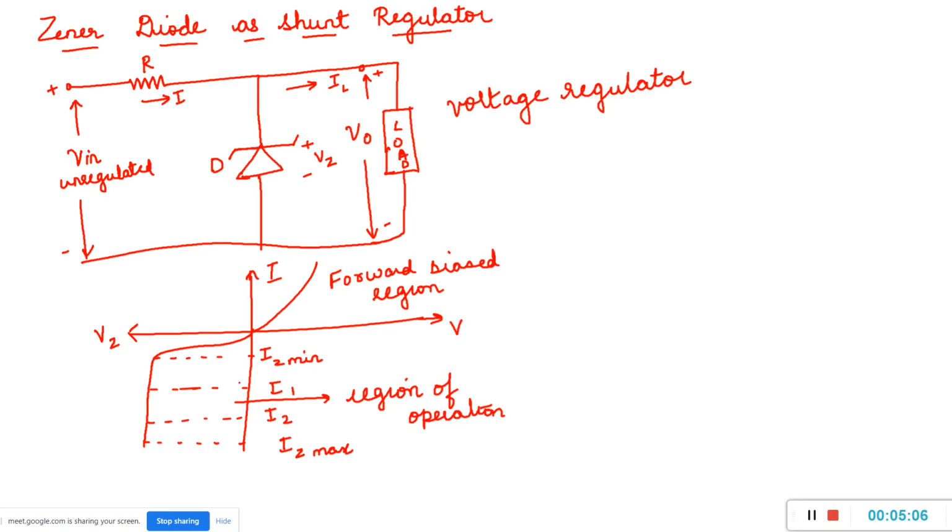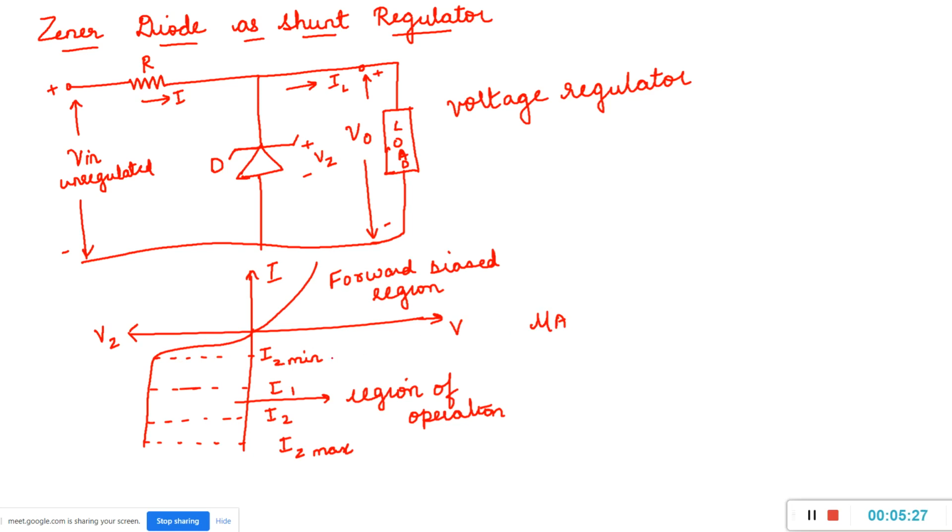Under the reverse bias condition, the current flow through the diode is very small, in the range of microamps. Whenever the diode is reverse biased, the current flow is very minimal, in microamps, up to a certain limit.